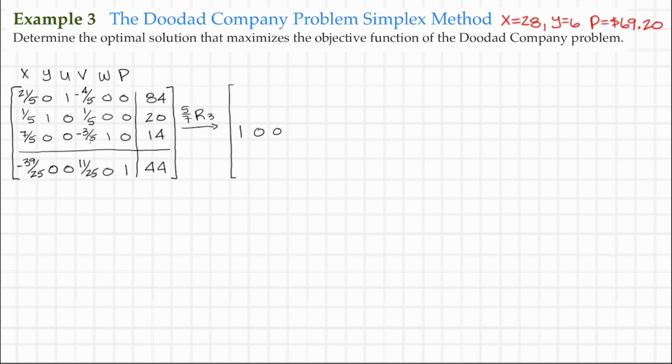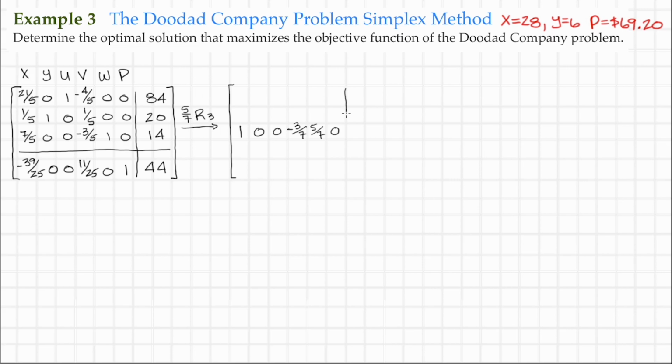Negative 3/5 times 5/7, that's negative 3/7. 1 times 5/7, that's 5/7. And of course, 0 times 5/7 is 0.